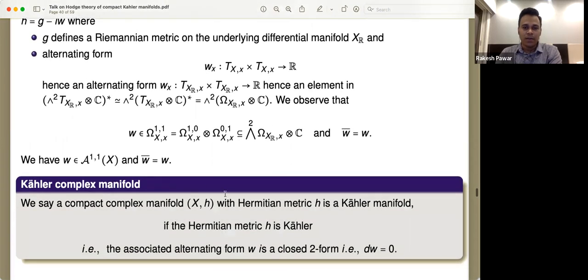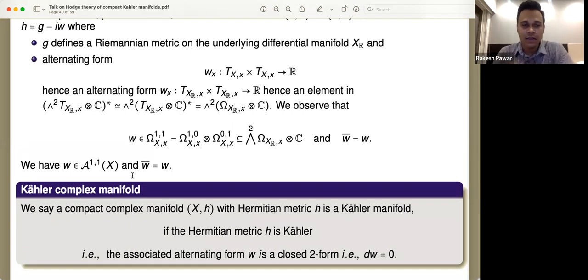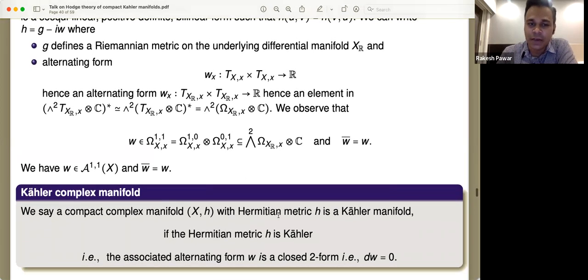Now, I want to define a complex manifold with a Hermitian metric as a Kähler manifold if there is a Hermitian metric H which is Kähler in the sense that this alternating form W, which you can think of as an element of A^2 of X, is closed under the differential.